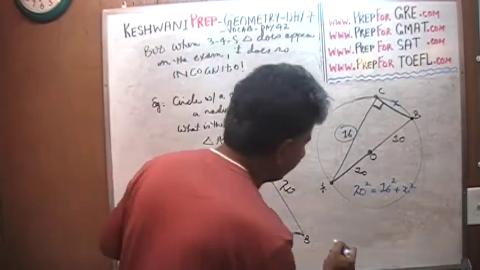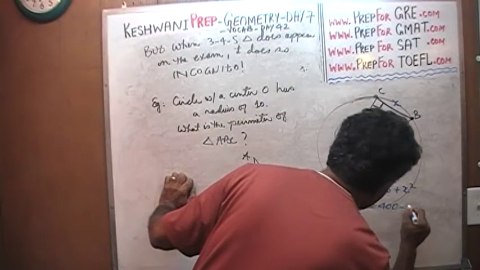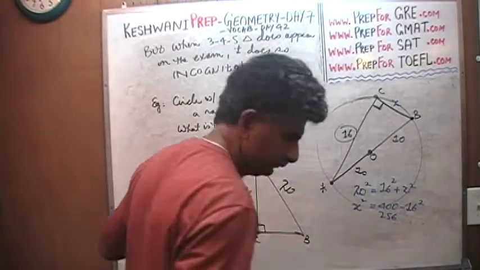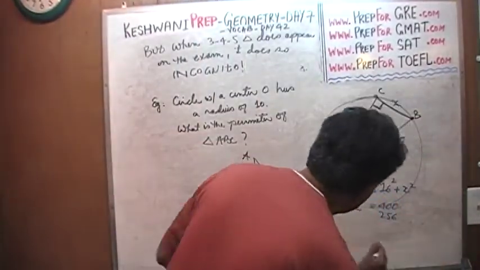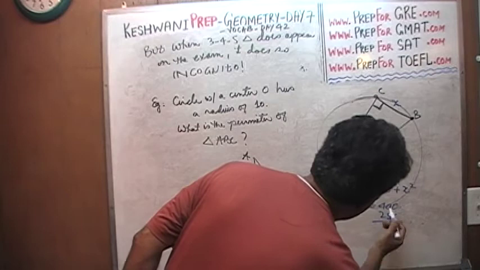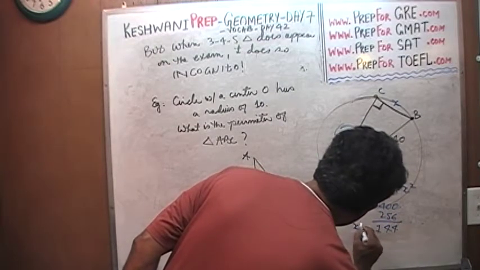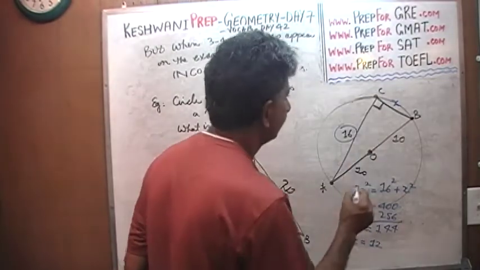X squared would be 400 minus 256. Let's see what it gives you. It gives you 144. So it looks like x squared is 144, and therefore x is 12.